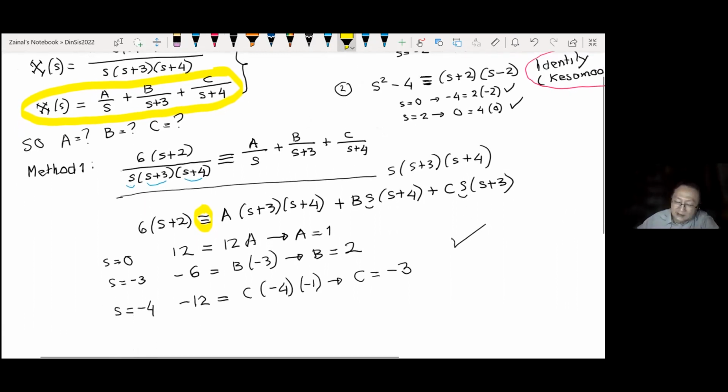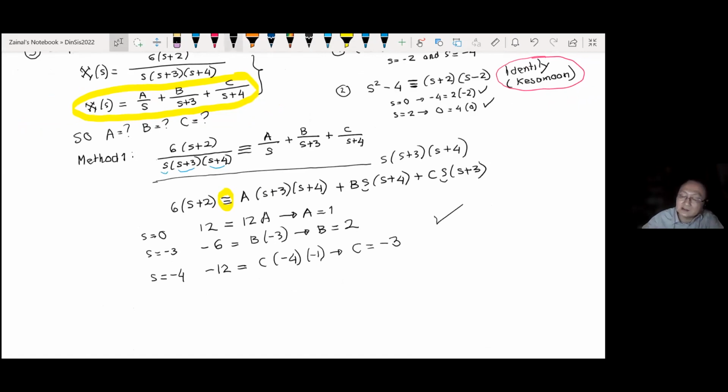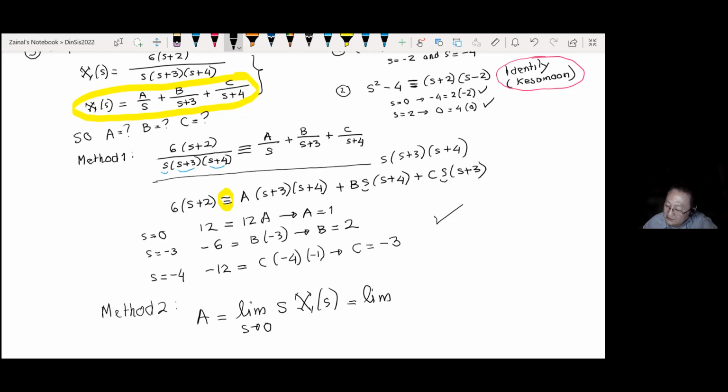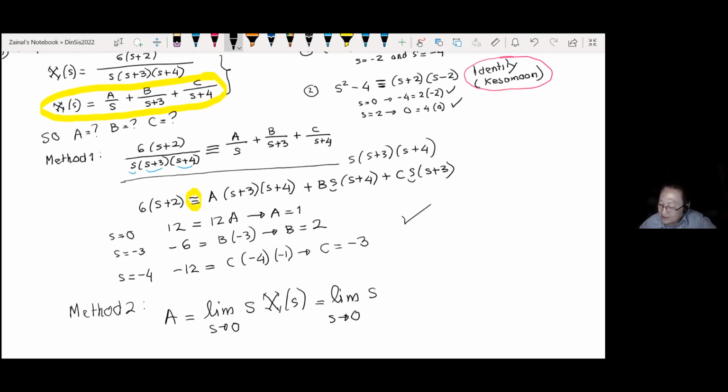Now the second method, method two. To find a is simple. A is the limit s equal to 0 of s multiplied by Xs. What is Xs?